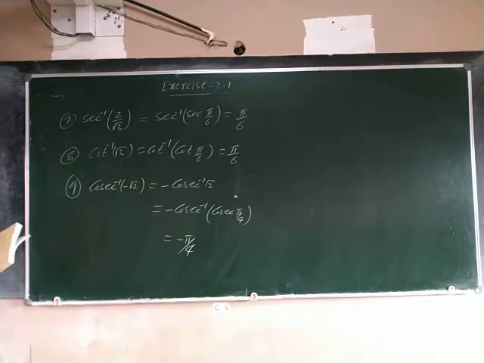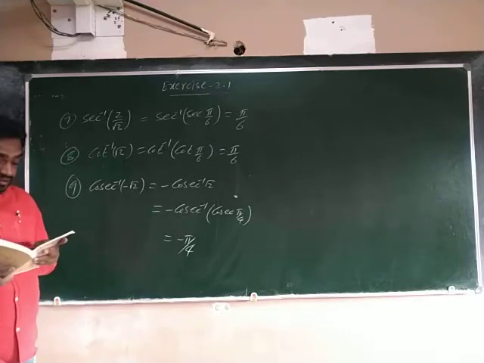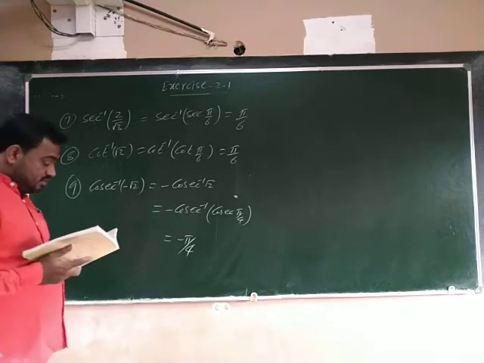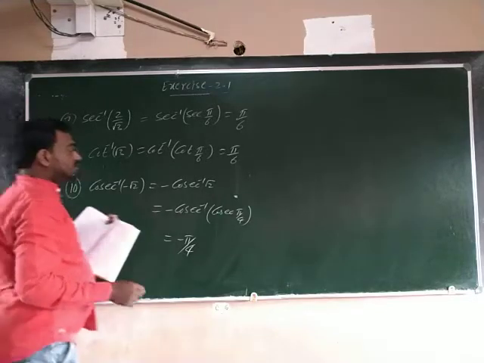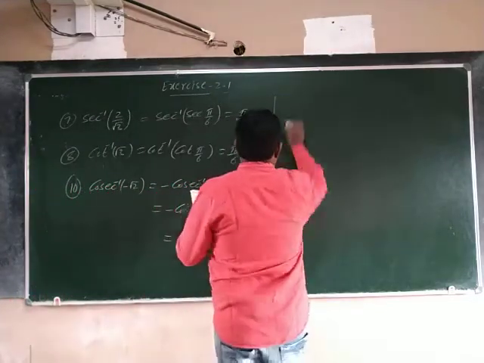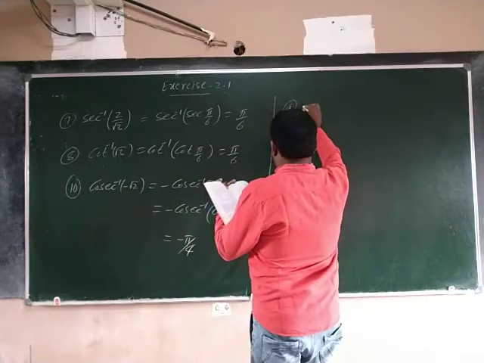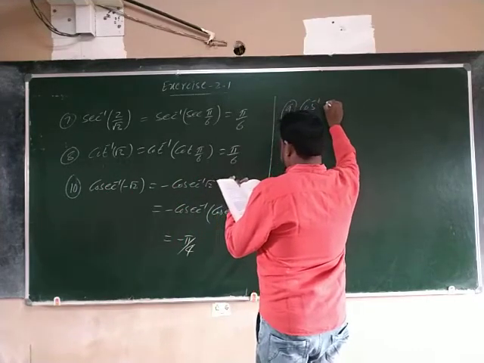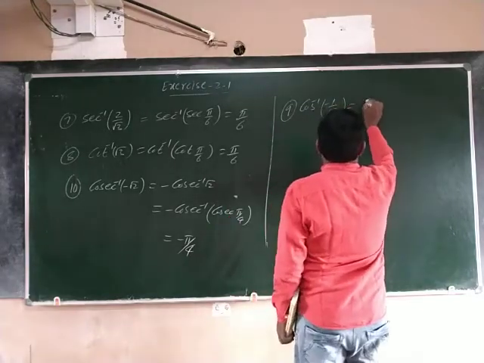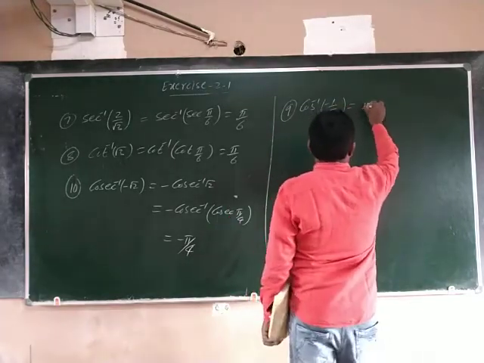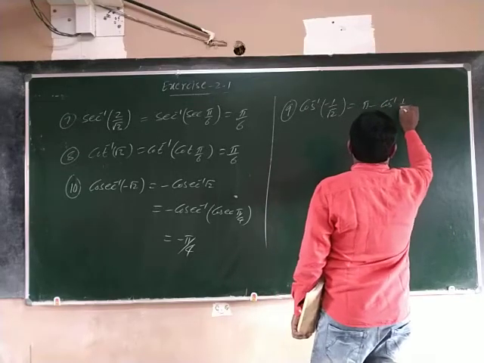Actually, this is the 10th question. We left the 9th one, which I am solving now. The 9th one is cos inverse of minus 1 by root 2. Cos inverse of minus x is equal to pi minus cos inverse of x.